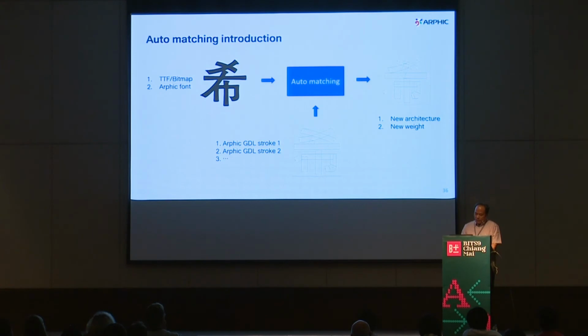To get the best fit values, it could try millions of times for each character. So it will take several days of computing power to create a Chinese font. Fortunately, the computer does not get tired, and the computing cost is also not expensive.